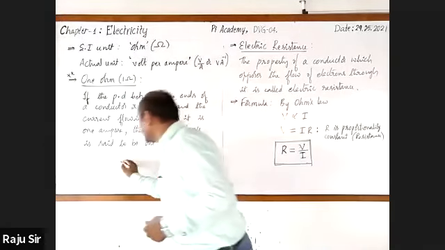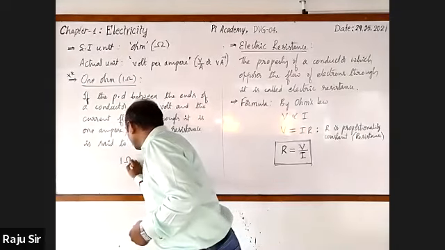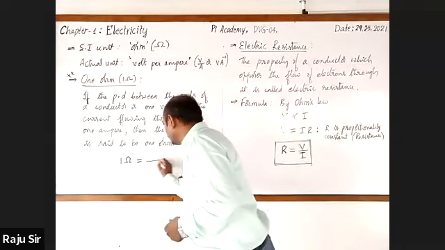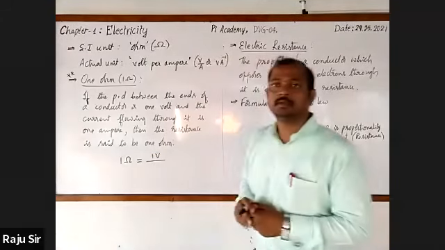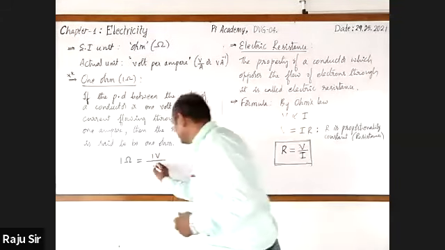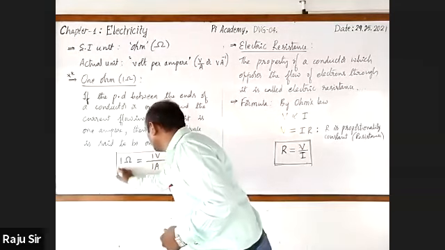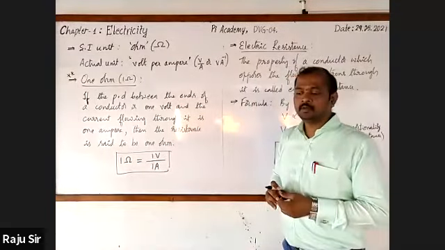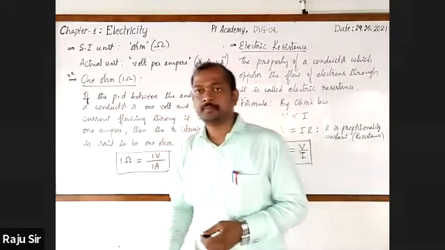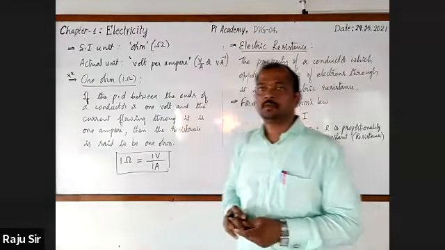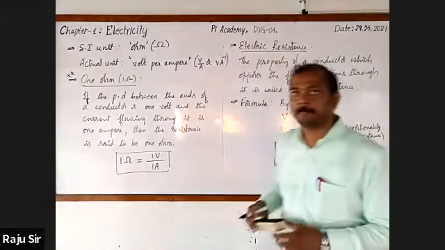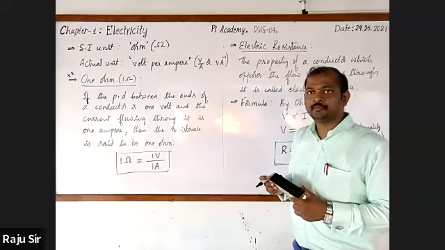Symbolically, it can be written as resistance 1 ohm is equal to voltage 1 volt by current 1 ampere. 1 ohm is equal to 1 volt by 1 ampere. Followed? Yes, sir.